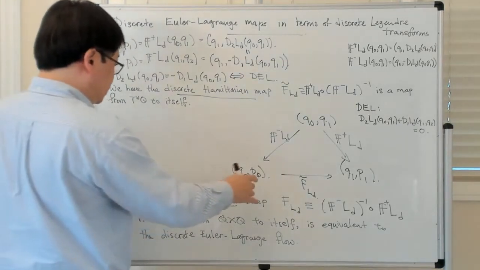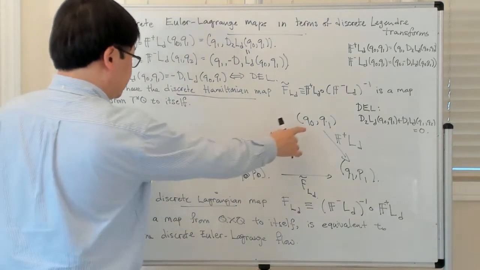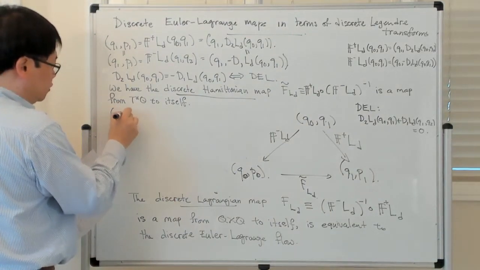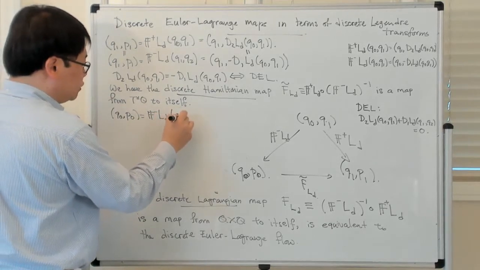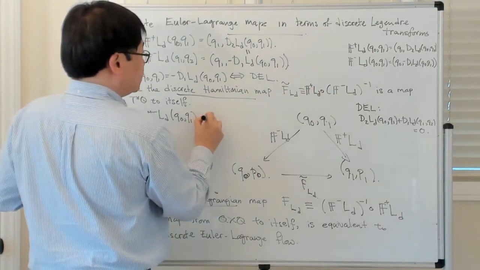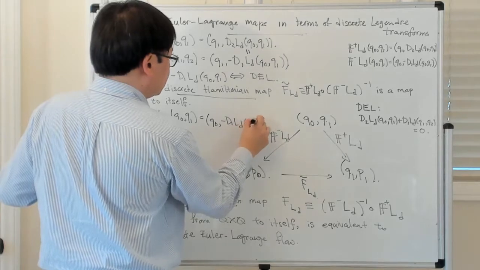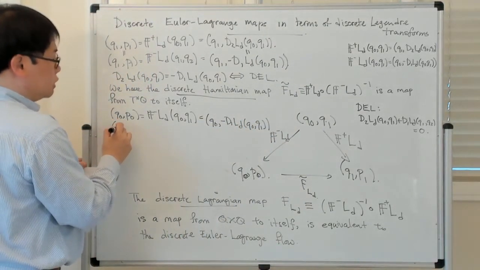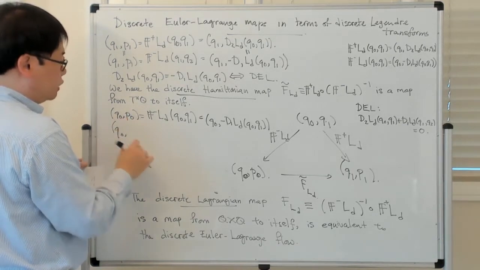So let's write down what this is saying. This is saying that (q0, p0) is equal to F minus LD of (q0, q1). F minus LD is given by this, so it's (q0, minus D1 LD(q0, q1)).